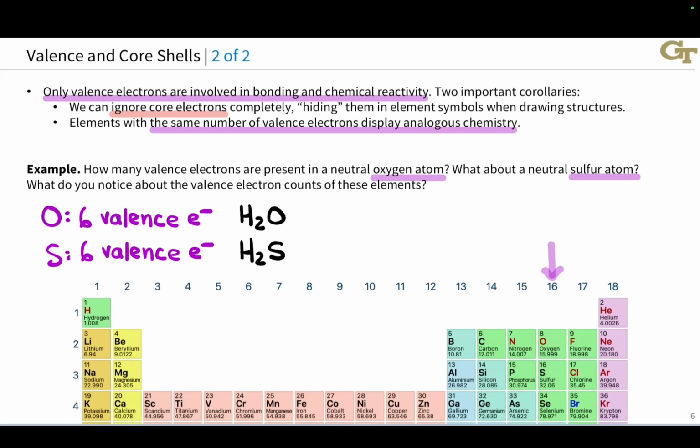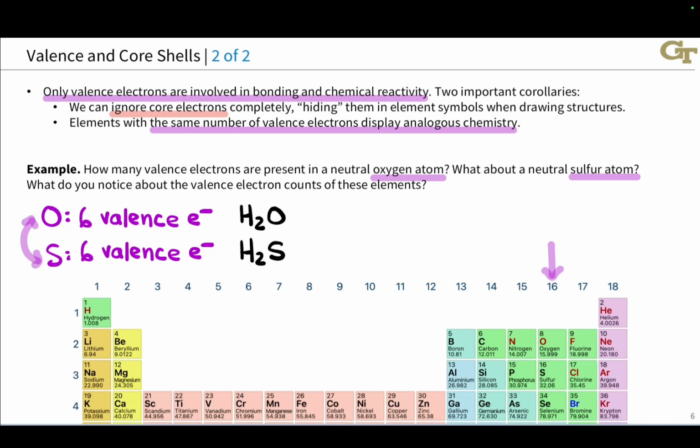And in fact, even the bonding pattern, the way electrons are arranged around the oxygen and the sulfur in these two compounds, is exactly the same from a Lewis structure point of view. And so what this allows us to do, and this is a really important general theme in chemistry as a whole, is draw analogies between the chemistry of oxygen and sulfur.